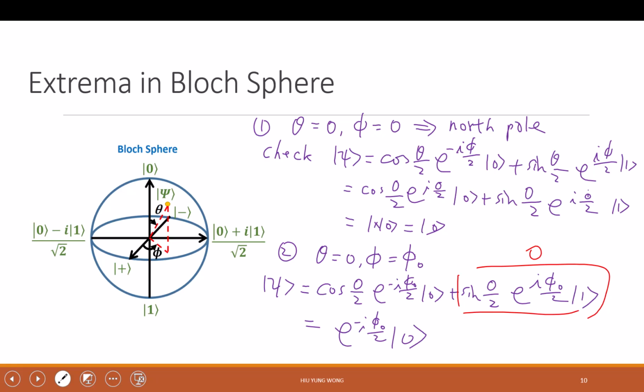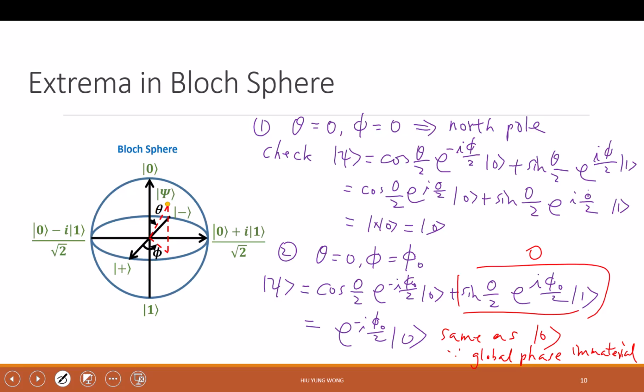Okay, so this is still the same as this one, same as 0, because global phase is immaterial, right? We don't care about global phase.